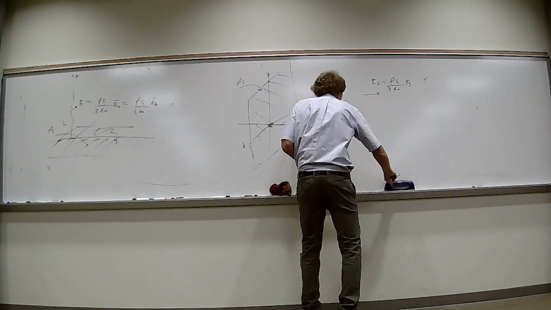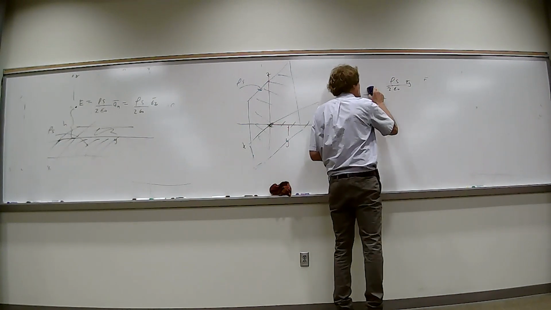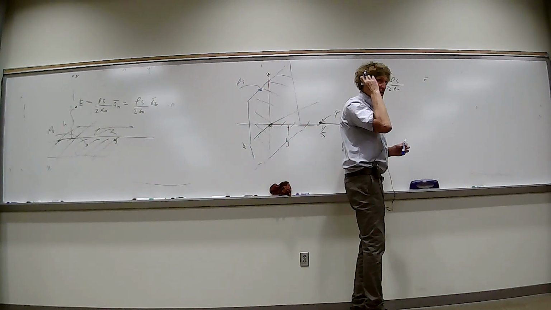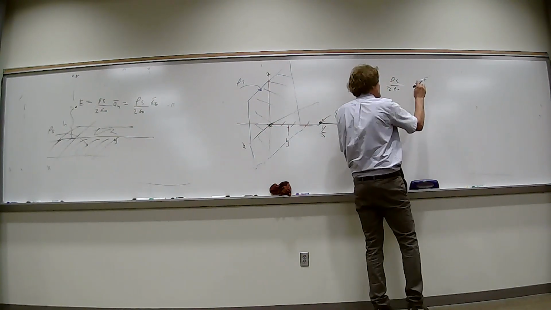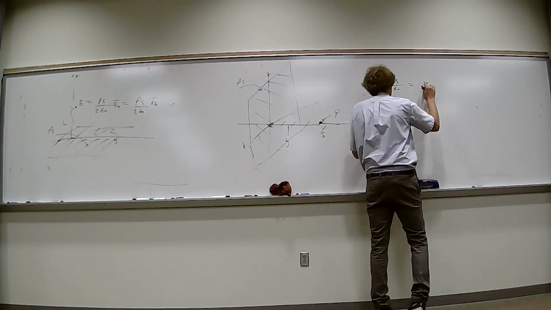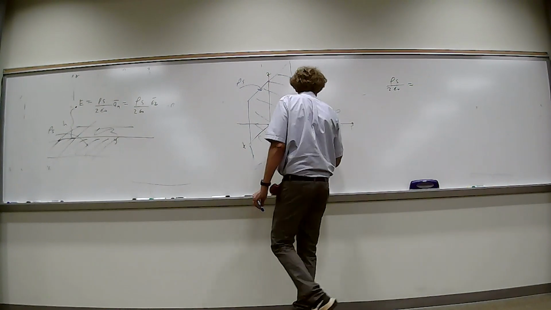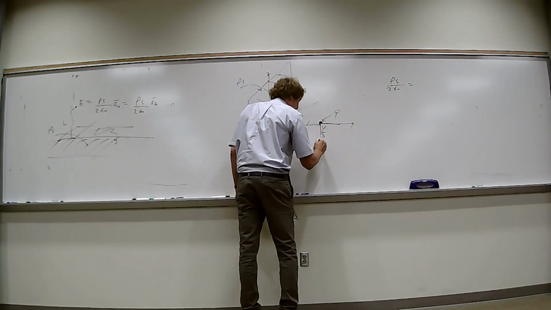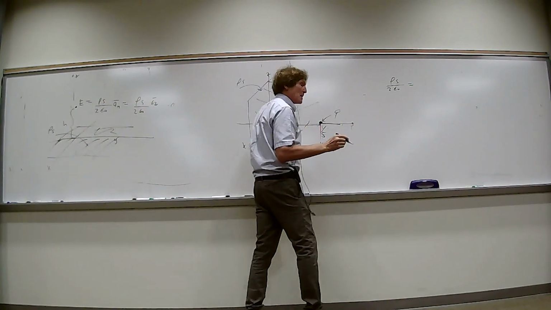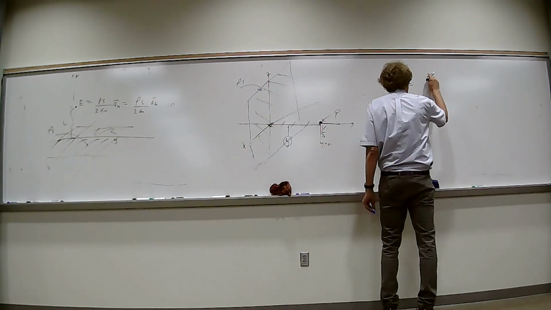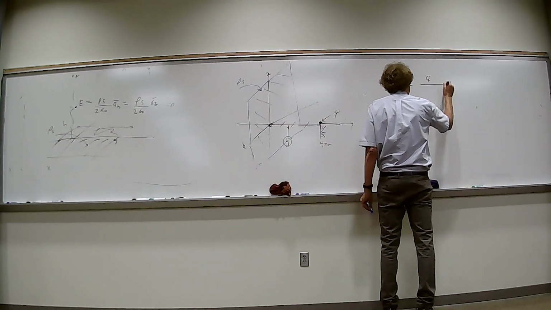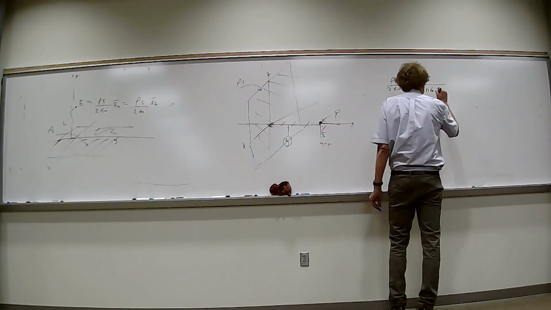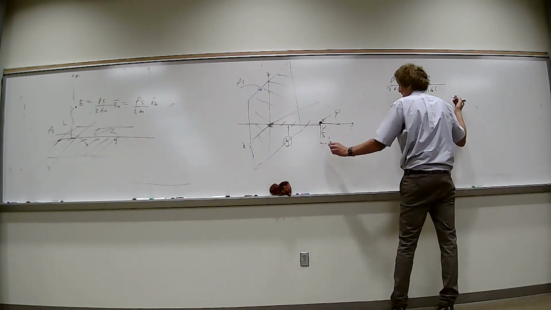Now I'm just going to erase this. We know what the magnitude of the field is from that point charge, right? So we're going to set that equal to the value of the electric field from the sheet. This is important. I'm going to be at a distance y. The charge is at a distance y equal 5. So the equation would be Q over 4 pi epsilon naught times the distance squared.